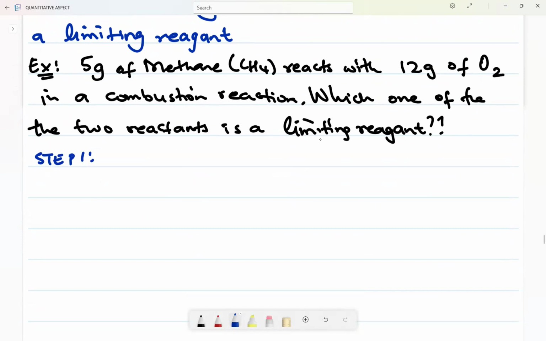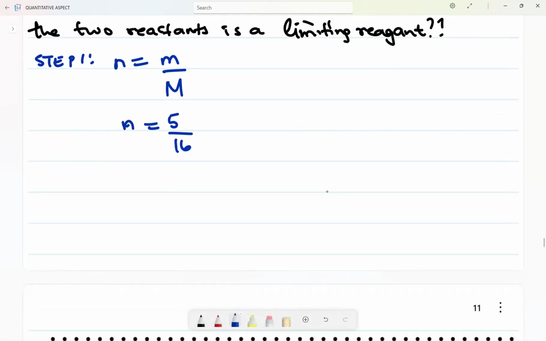I need to calculate its molar mass, so that n is equal to m divided by molar mass. Number of moles is what I'm looking for. The mass of methane is 5. The molar mass for methane is 12 plus 4 into 1, which is 16.